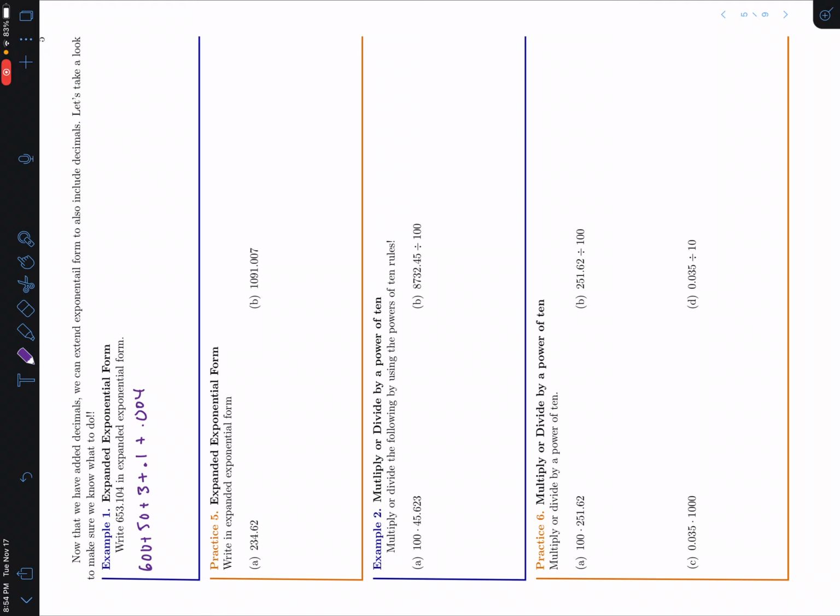Notice there was a 0 between the 1 and the 4, so I didn't put it in there. If you want to put it in there, you're more than welcome to, but I just left it out because you can.